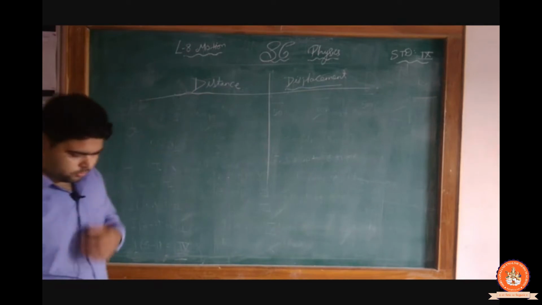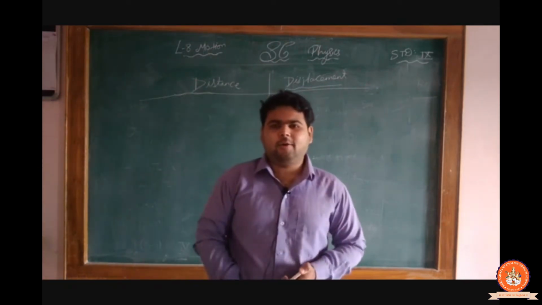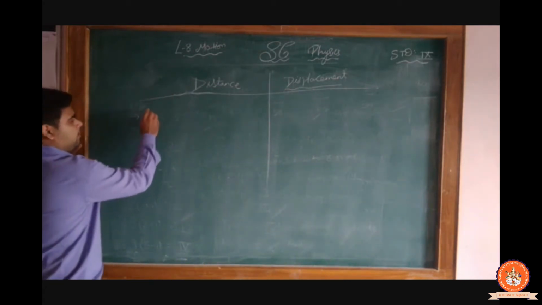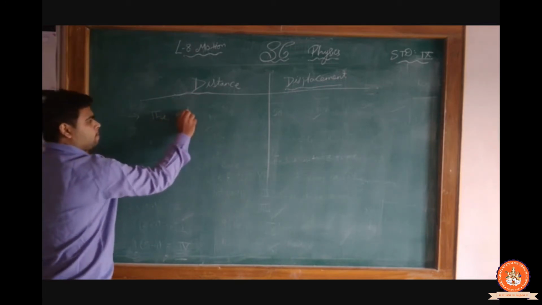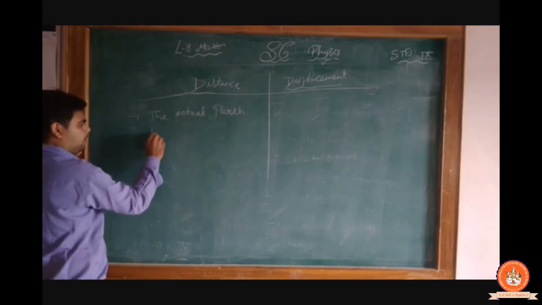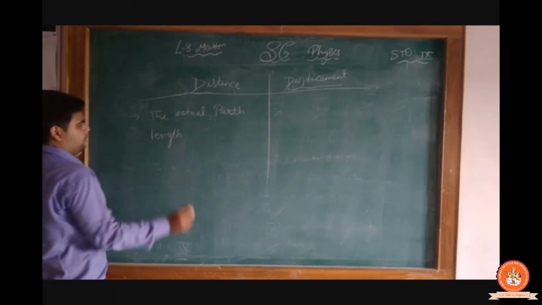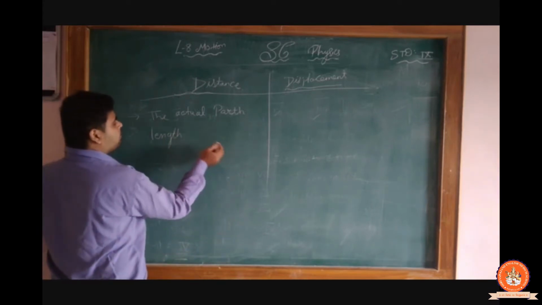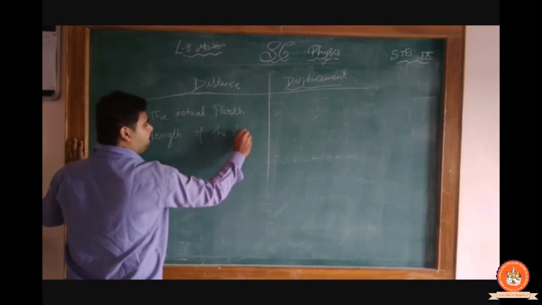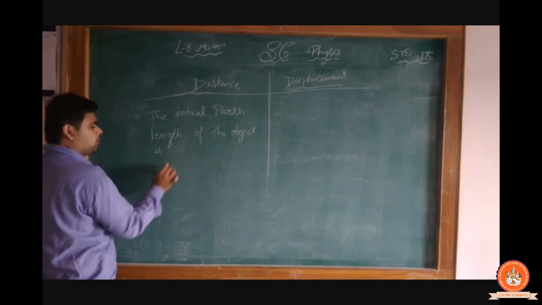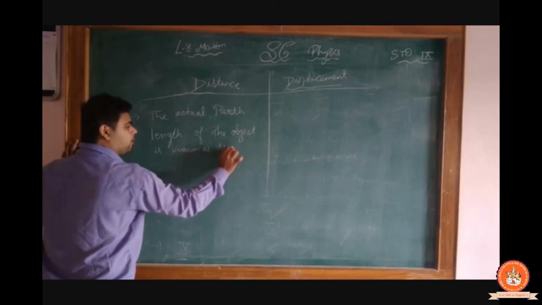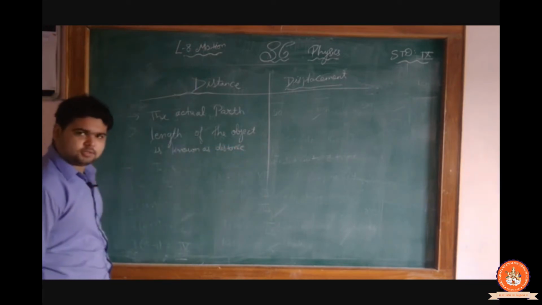So what is the definition of distance? It is simple: the actual path length of the object is known as distance. Clear?